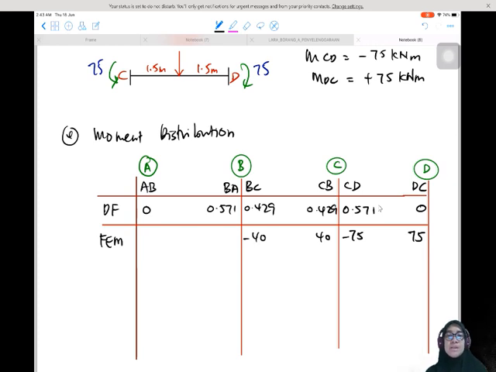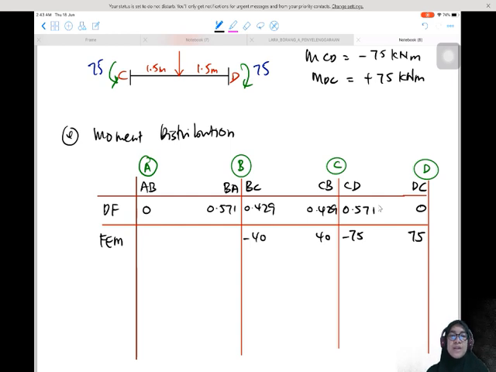Okay, in the table, the first thing that we have to do is write the distribution factor for each member. So there are AB, BA, BC, CB, CD, and DC. And we will transfer the distribution factor that we have calculated just now.